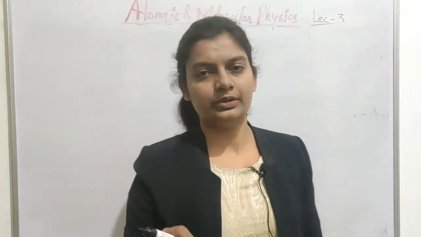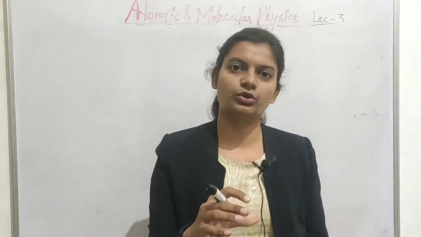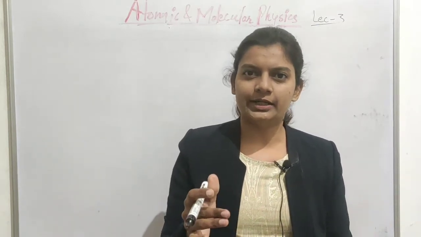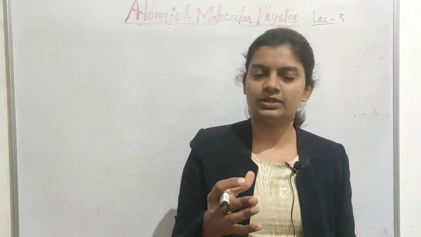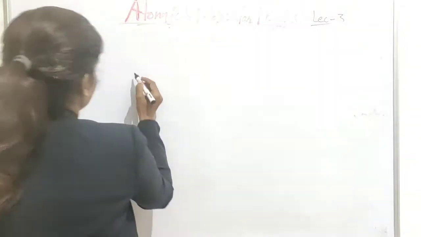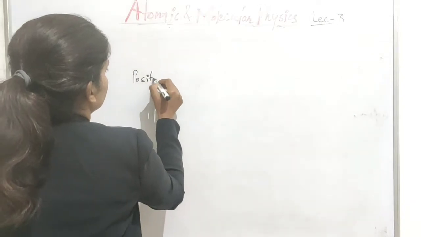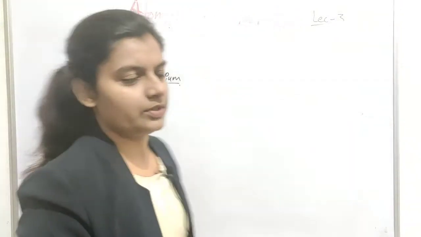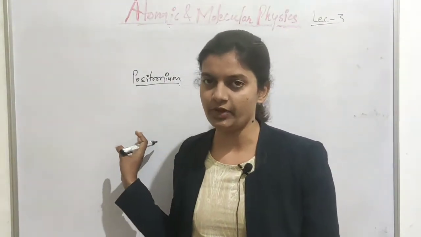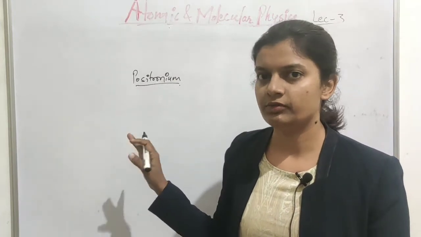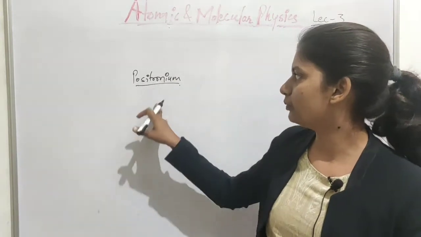We are going to discuss some special atoms like positronium, muonic atom, pionic atom and muonium. In case of positronium, first we will find the effect on radius, and then energy, velocity, frequency and time period.